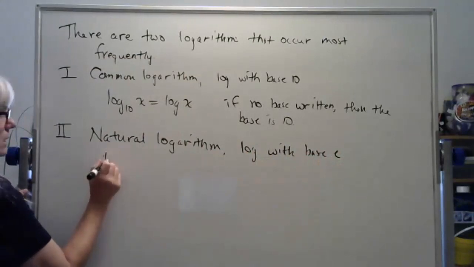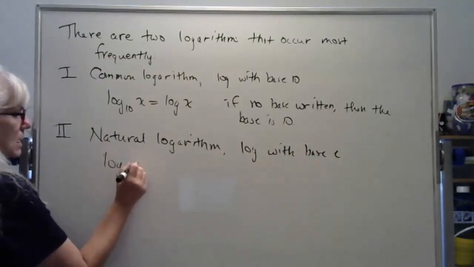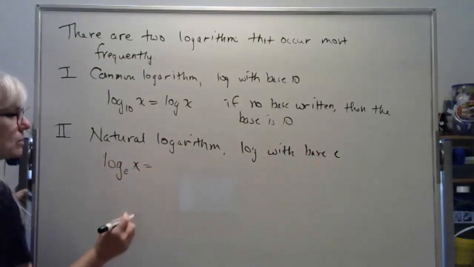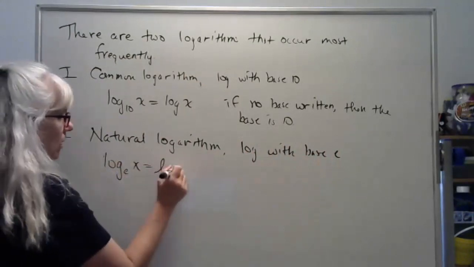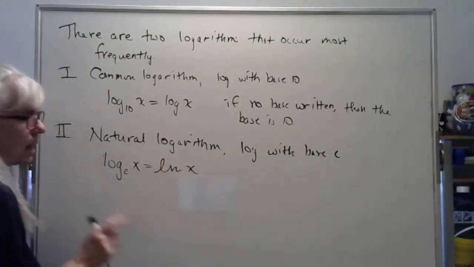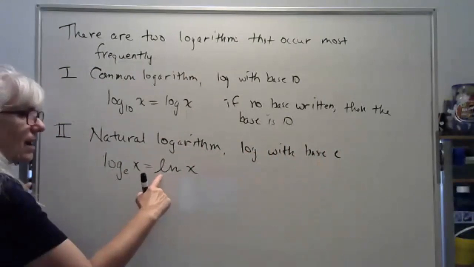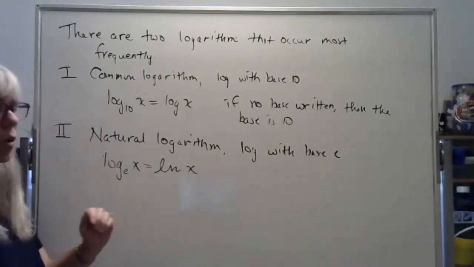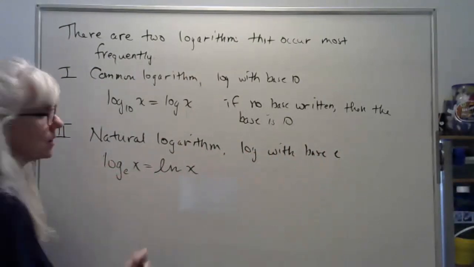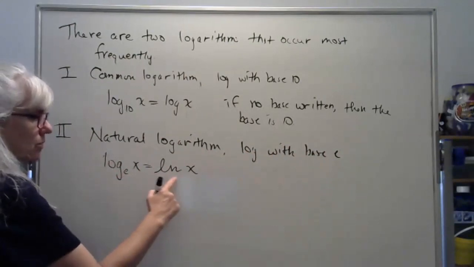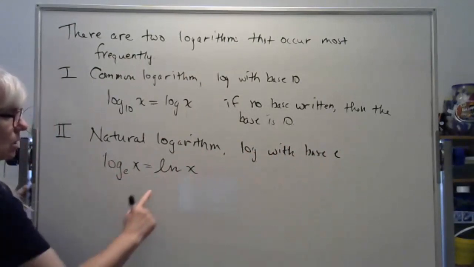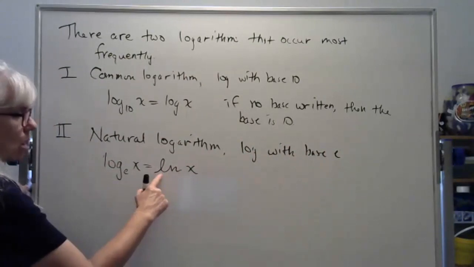Well, instead of writing log base e of x, what you're going to really see is ln of x. And because I don't want my L to get confused with a 1 or something else, I'll always use a script or cursive ln of x. So ln stands for natural logarithm.